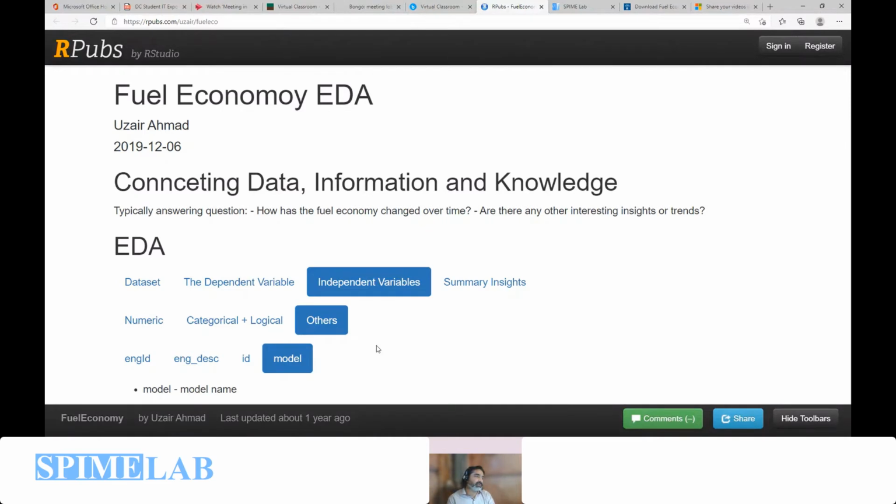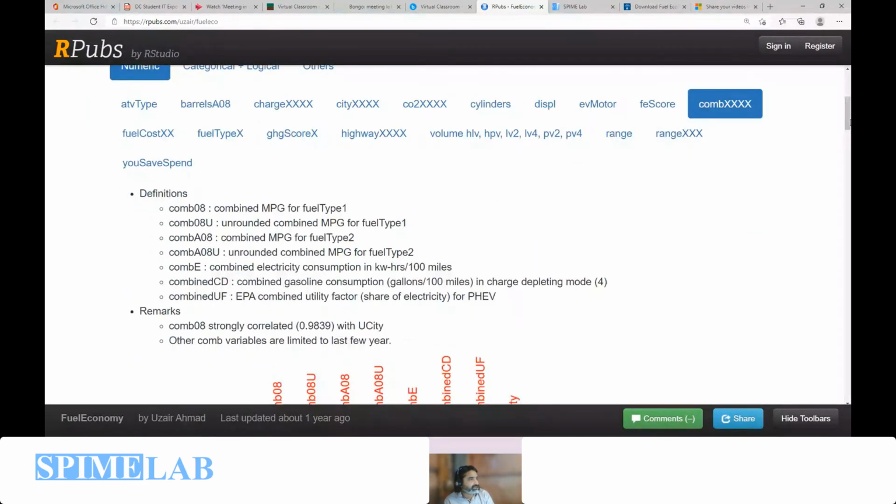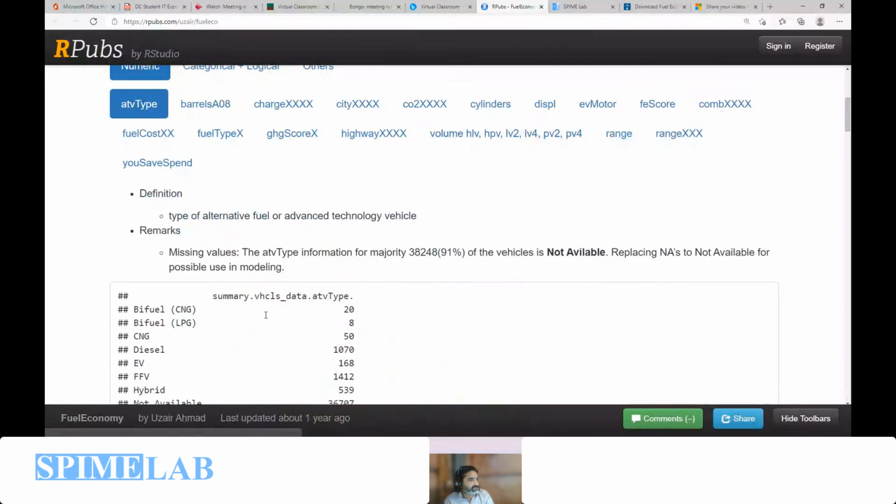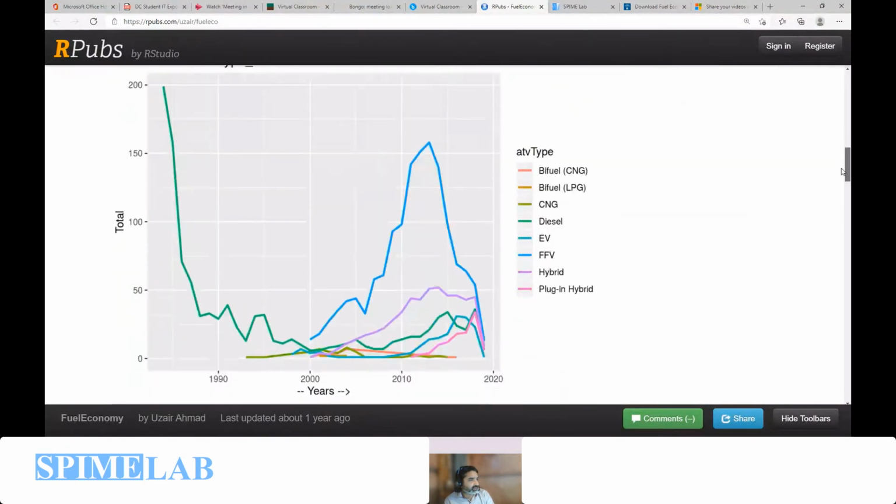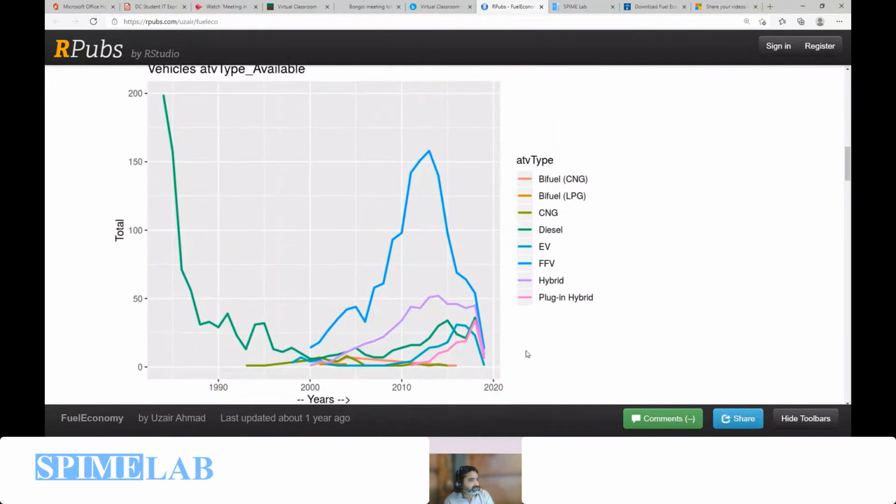When we talk about independent variables, we can categorize them. They can be numeric or categorical. If they are numeric, then we look at them individually. The ATV type variable, the distribution of ATV type over the years, looks like this. After year 2000, the FFV type of engine started to boom, and around 2013 they started to become less and less.